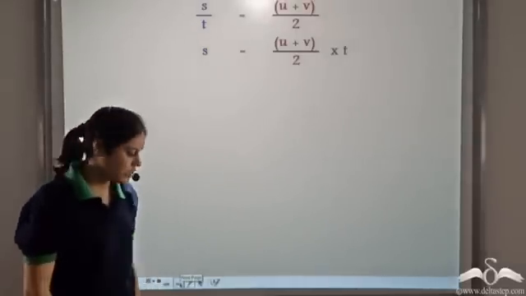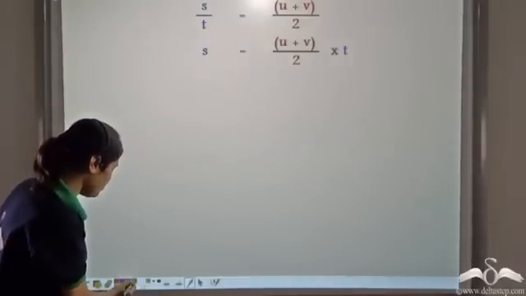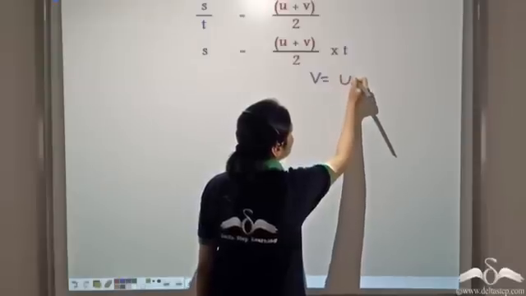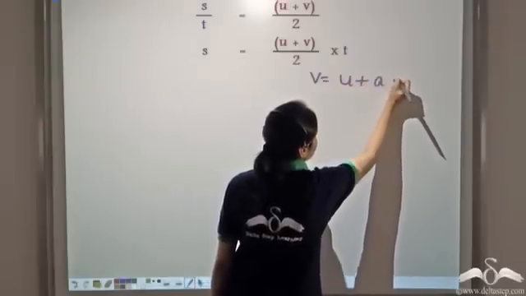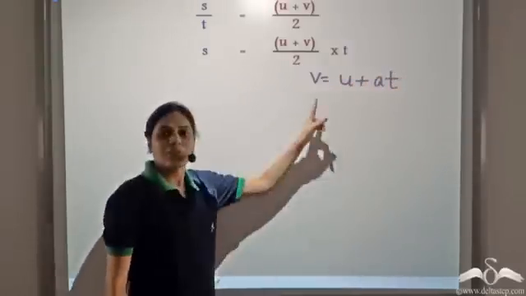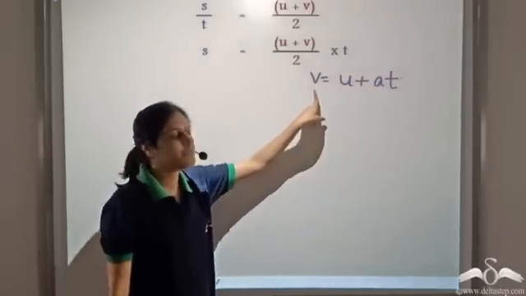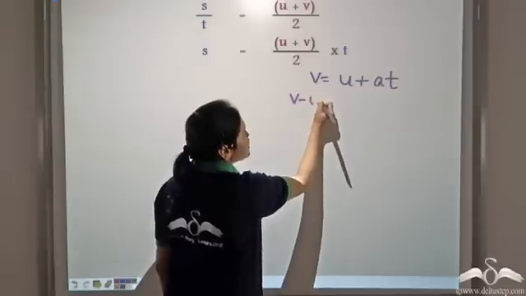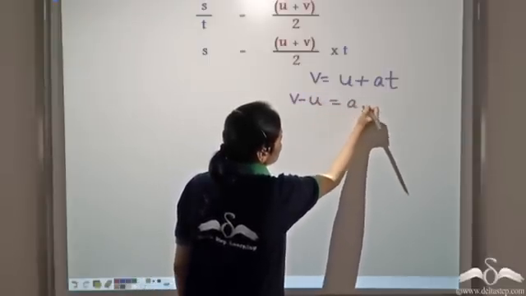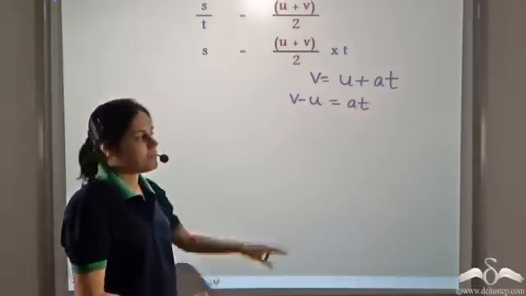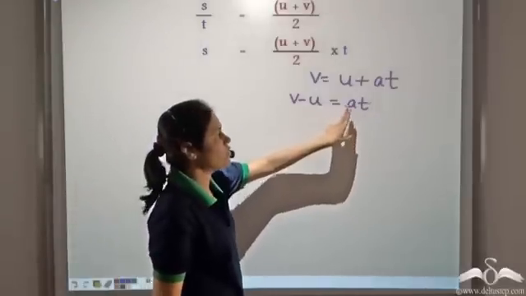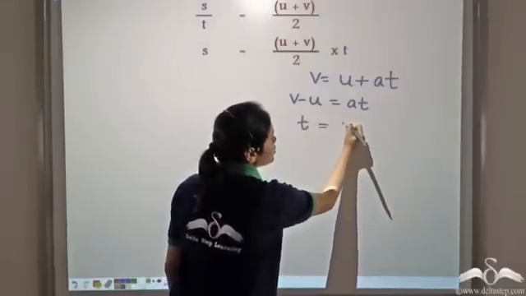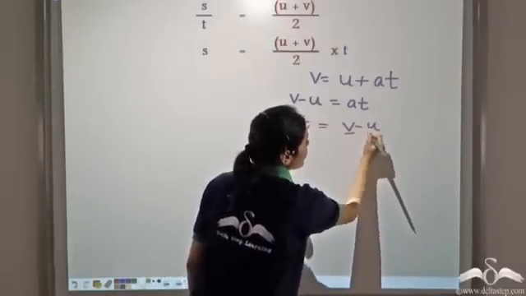Now, from the first equation of motion, we know that v is equal to u plus at. This is our first equation of motion. From this, we get v minus u is equal to at, or we can write t is equal to (v minus u) by a.